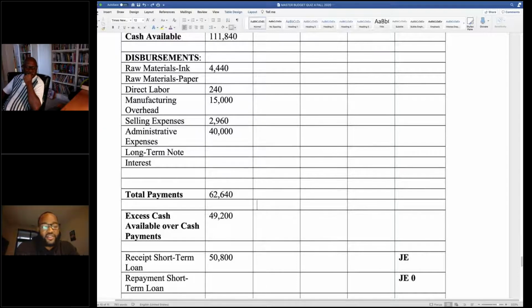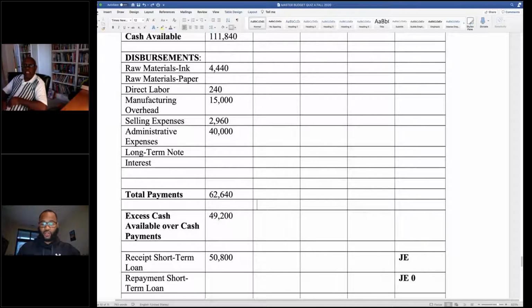So the excess cash available is the difference between how much we spent and the total amount, the beginning balance. Yep. Well, available. What's available? Oh, it's the available balance. Okay, yeah, I get it.